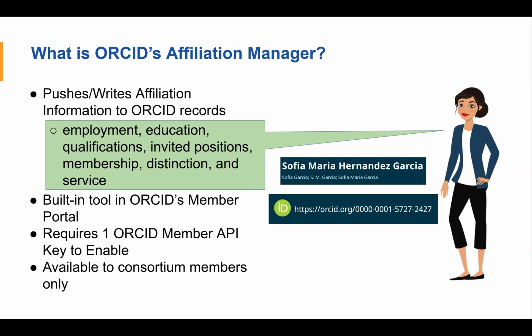And as I mentioned, this functionality is only available to consortium members. So you would have to be a member of the ORCID US community or the ORCID CA community to be able to use the ORCID Affiliation Manager.